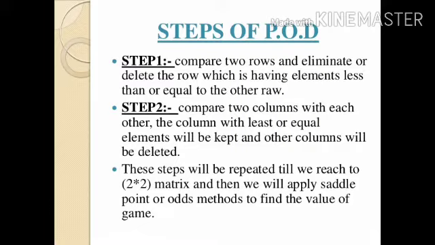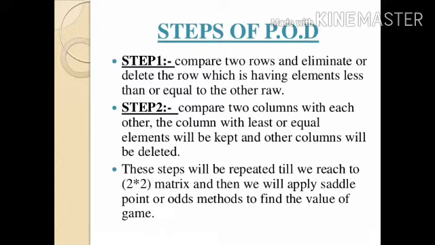When all the elements in a particular row of a payoff matrix are less than or equal to the corresponding elements of another row, for example row X compared to row Y, then row X is dominated by row Y. So delete row X from the payoff matrix.